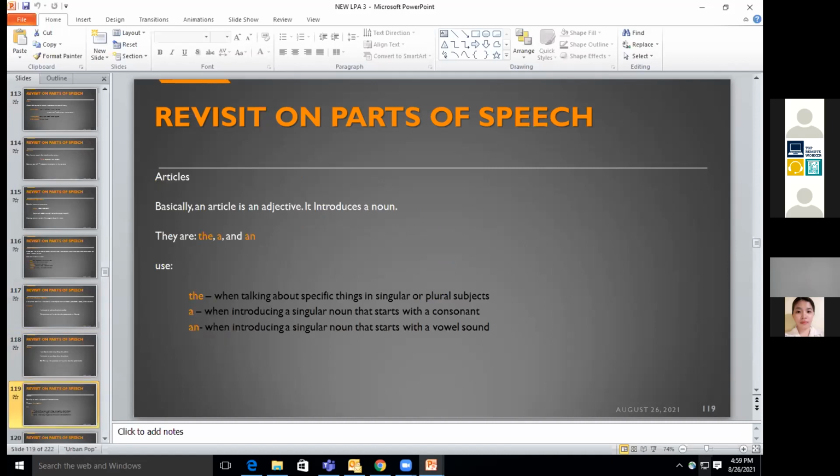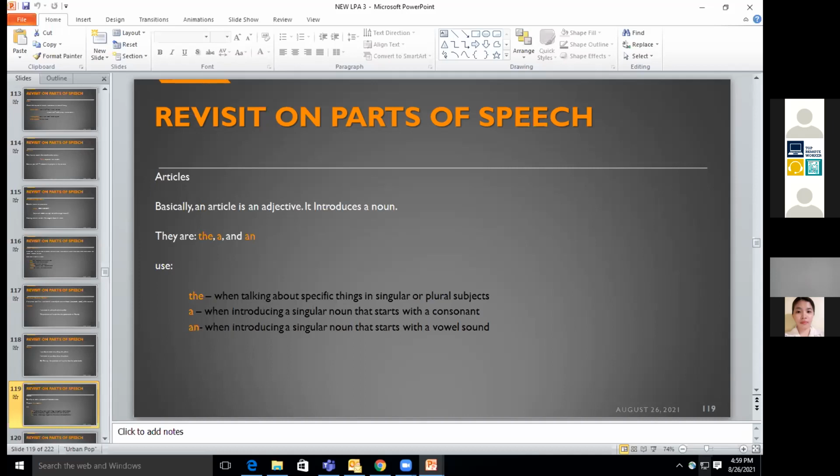Articles. Basically, an article is an adjective. It introduces a noun. They are the, a, and an. Okay, use the when talking about specific things in singular or plural subjects. Okay, use a when introducing a singular noun that starts with a consonant.